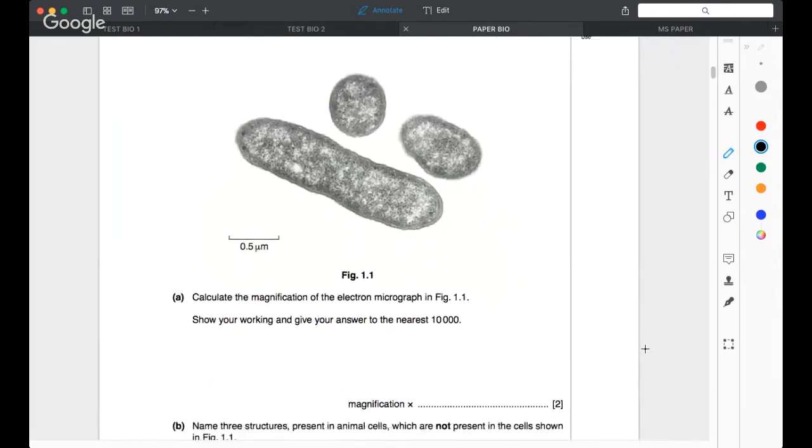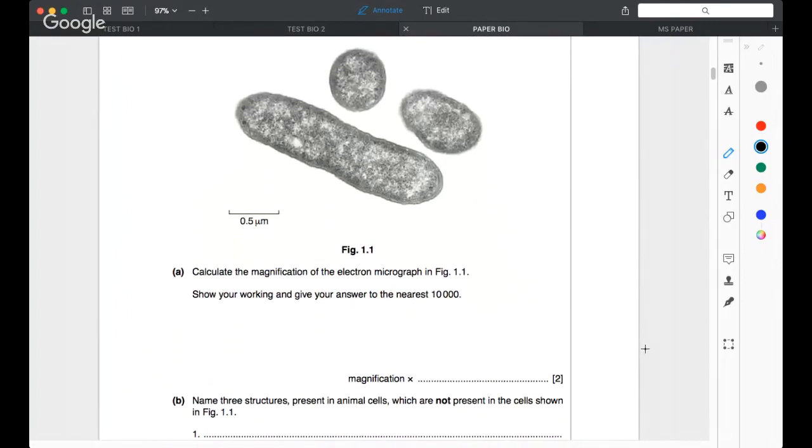Okay, so just quickly tell me how you do this. We don't have to do it. Are you both comfortable? I know Mark's comfortable with this kind of question, Grace. Are you comfortable with it? So, I measure this length. And then once I have that, I know that is equal to 0.5 micrometers.